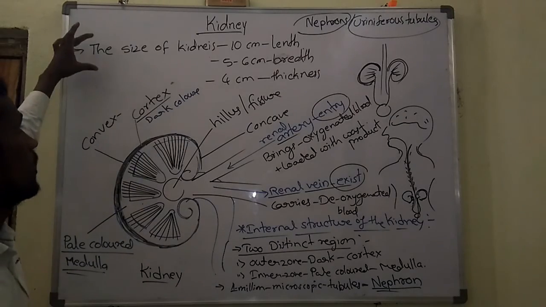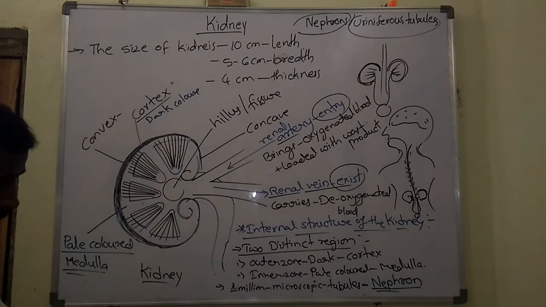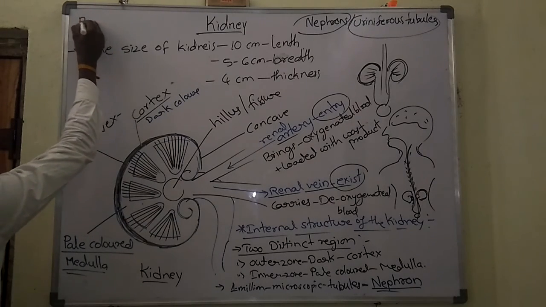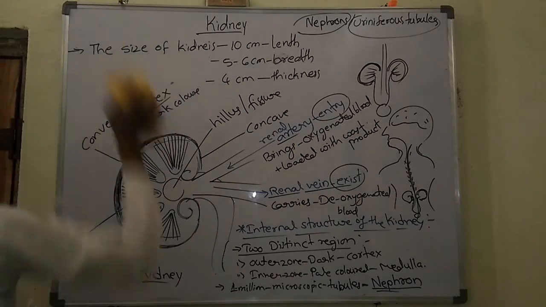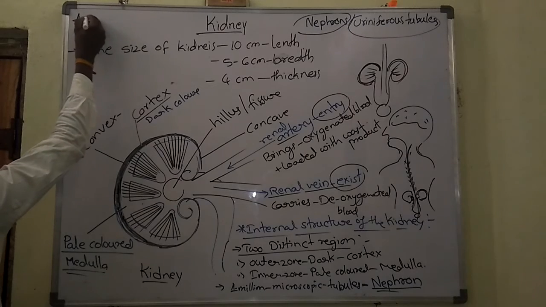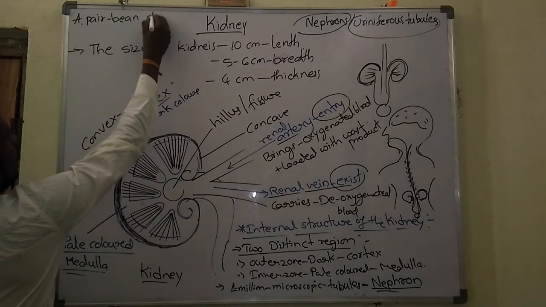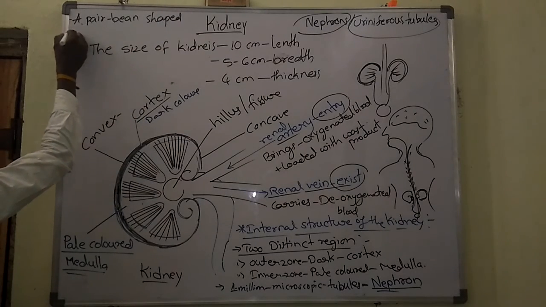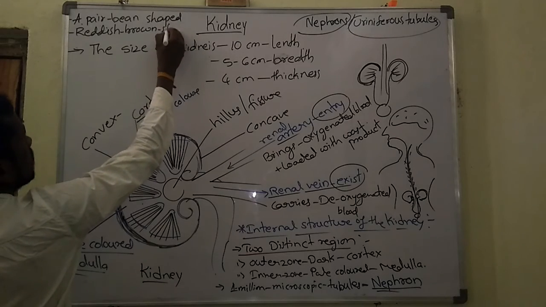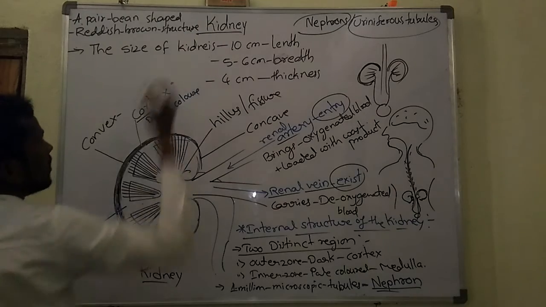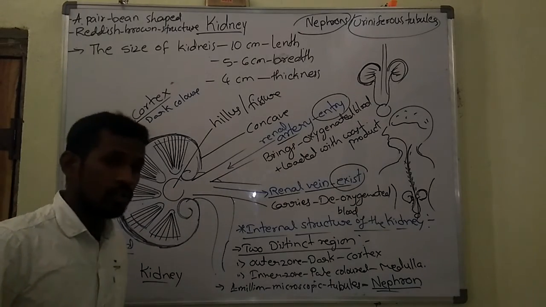Once again I will repeat. In human beings there is a pair of bean shaped, reddish brown structures in the abdominal cavity, attached to the dorsal body wall.